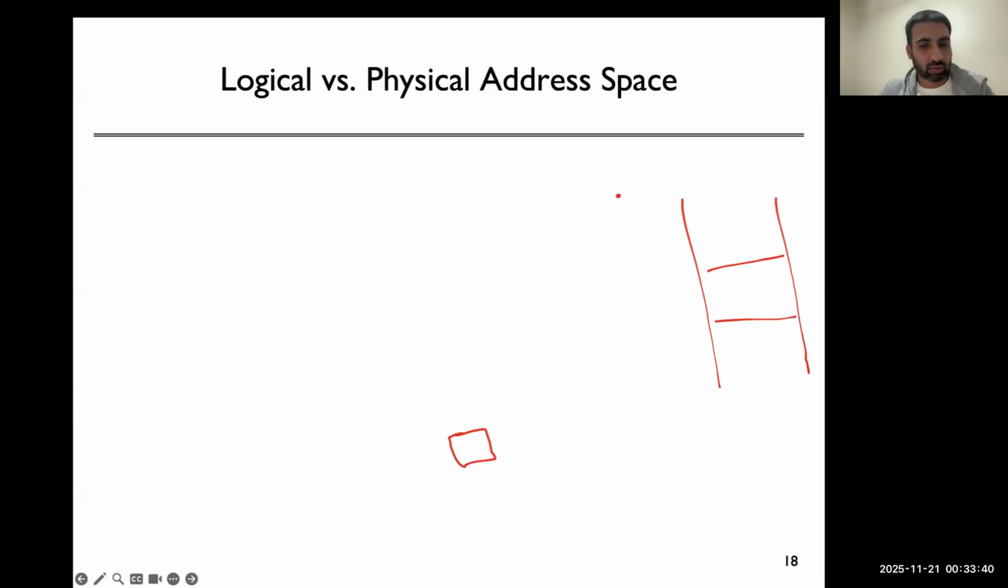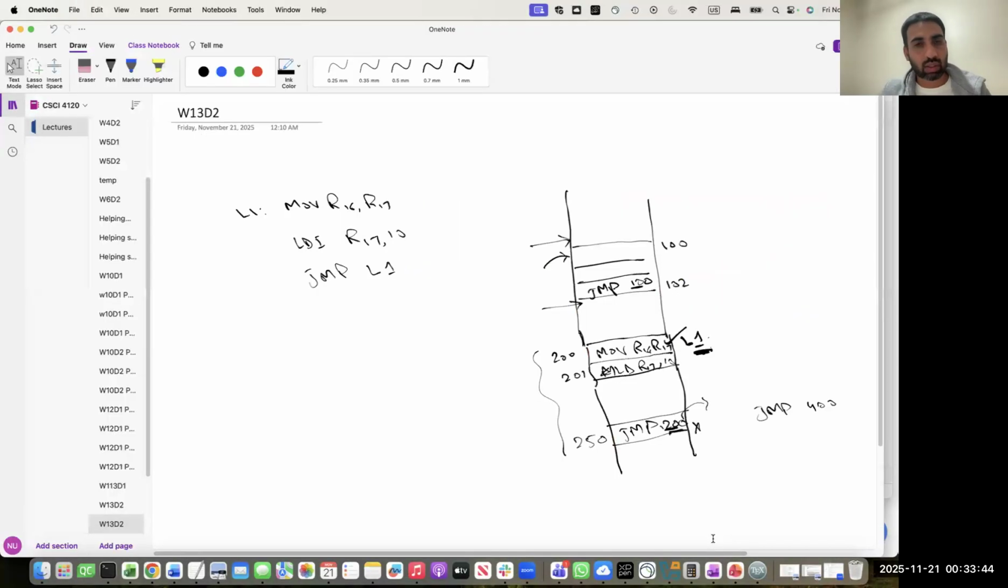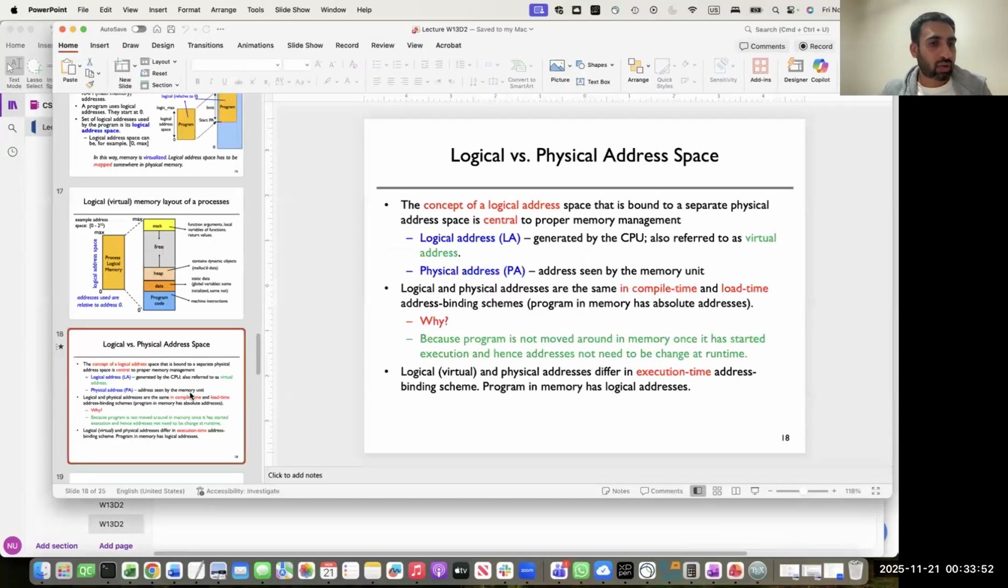Maybe I can go to OneNote, it's easier to draw there. Or maybe I can stop because we have only 2 minutes before we go for the quiz. I can start from the same slide next time. Why it is crucial to have two different types of addresses in modern systems, I can explain next time. For now, do you have any questions before we go to the quiz?